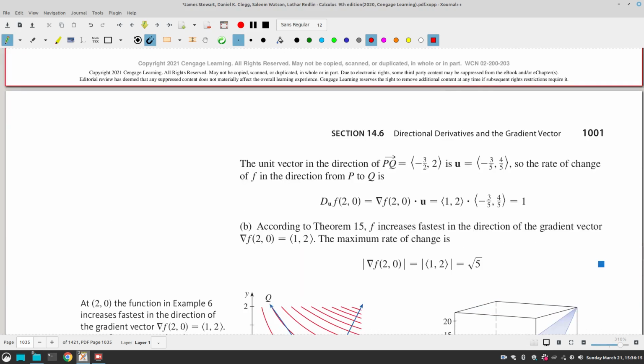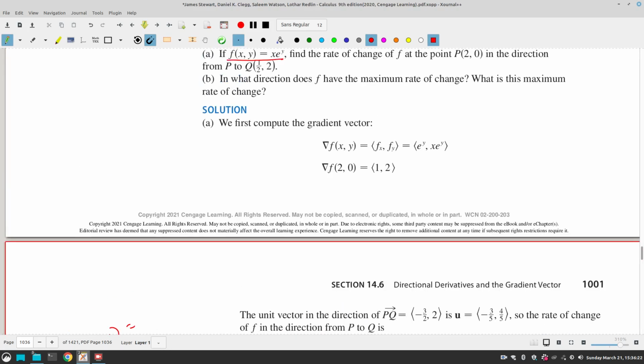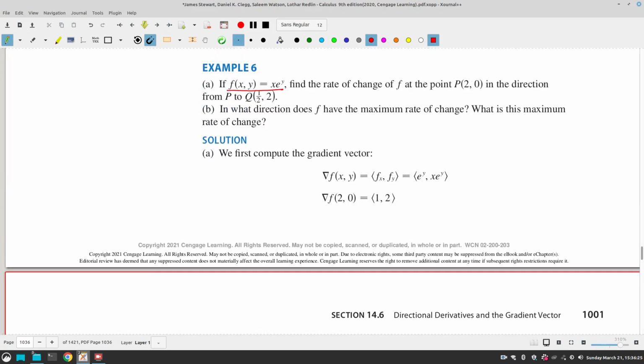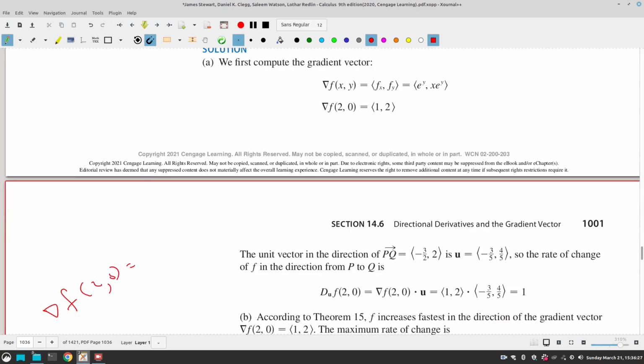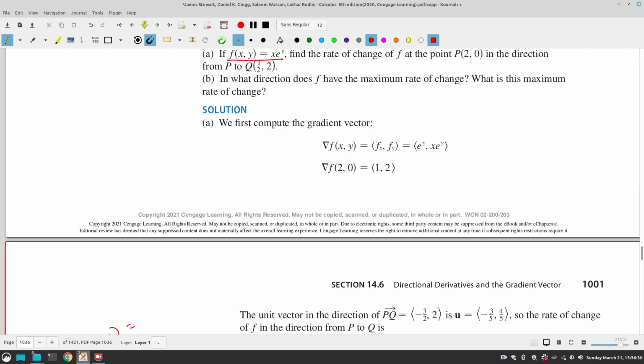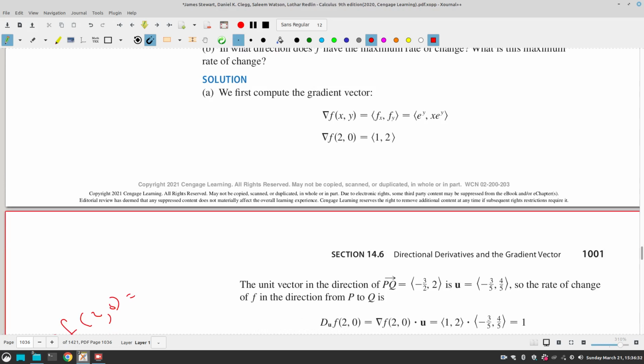So del f at 2, 0 is equal to, so partial f partial x is e to the y, comma x e to the y at 2, 0. This is equal to e to the 0, which is 1, and x e to the 0, which is 2.